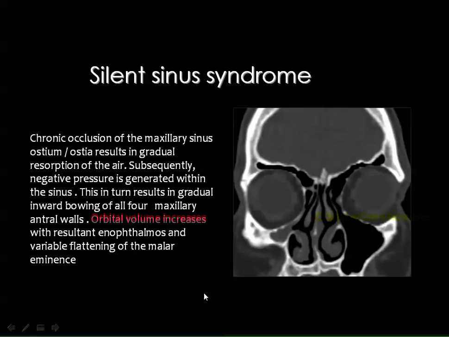This will result in progressive loss of volume of the sinus itself, and at that time it will be totally opaque. You see this is the maxillary antrum on the right side compared to that on the left side, there is considerable loss of volume. The sinus is opaque, and the bony margins may be sclerotic.